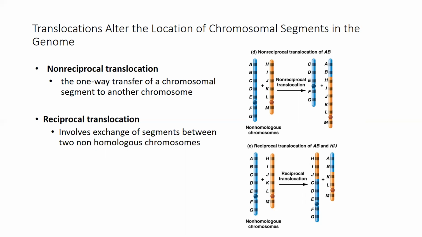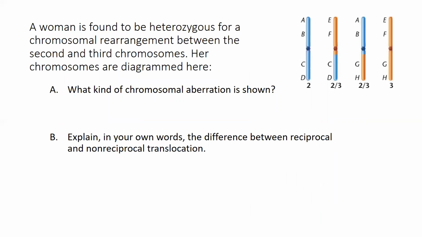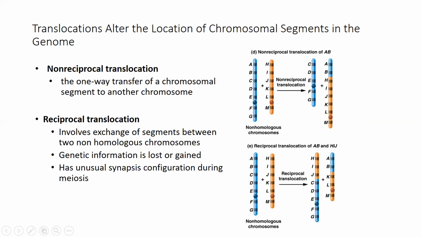So it involves the exchange of segments between two non-homologous chromosomes, and genetic information is lost or gained. It also has unusual synapsis configuration during meiosis. So again, non-reciprocal, one way, reciprocal, two ways, okay?